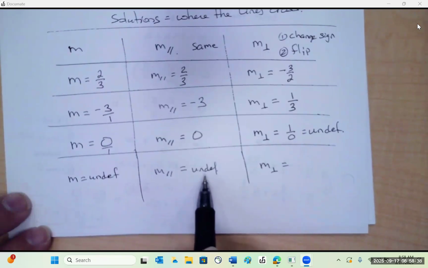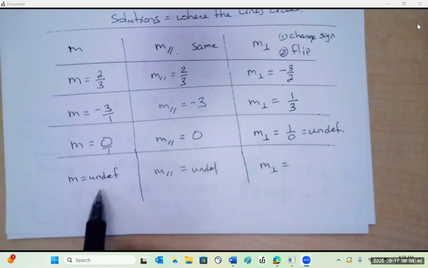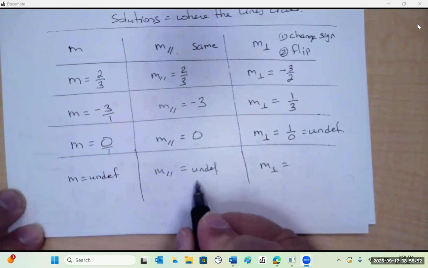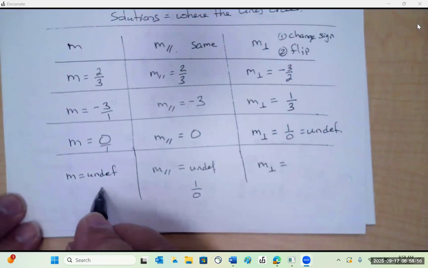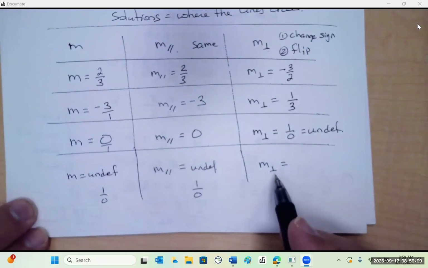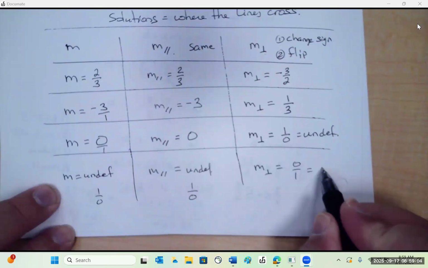Why is it called undefined? What does the slope look like if it's undefined? It has a 0 on the bottom. So perpendicular, if I flip it, I get 0/1, which is 0.